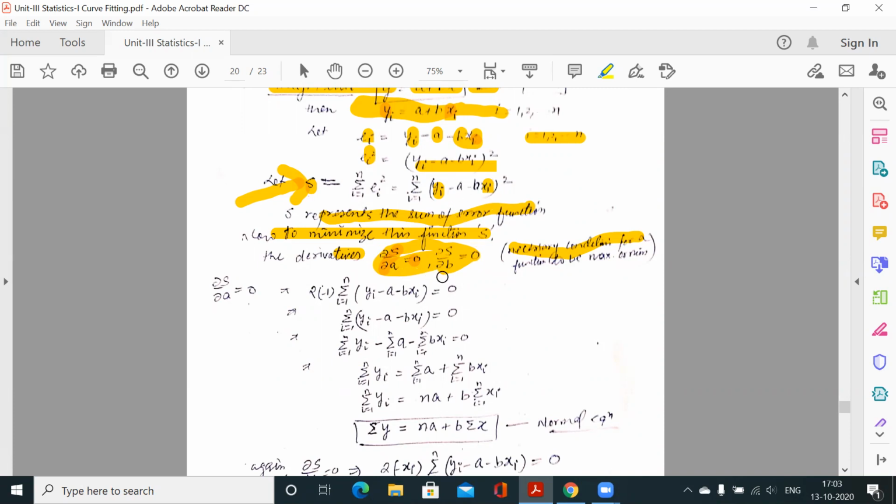Those values for which these derivatives are 0 will provide the maximum or minimum value. And what is our objective? We have to minimize this error function.